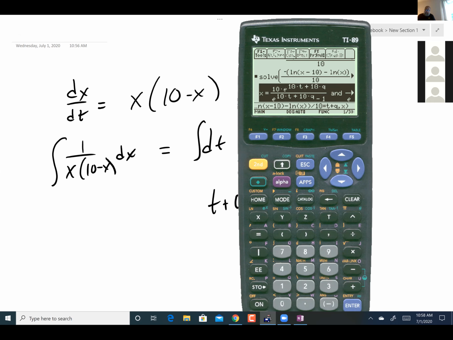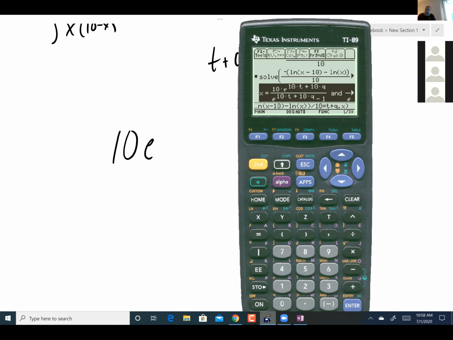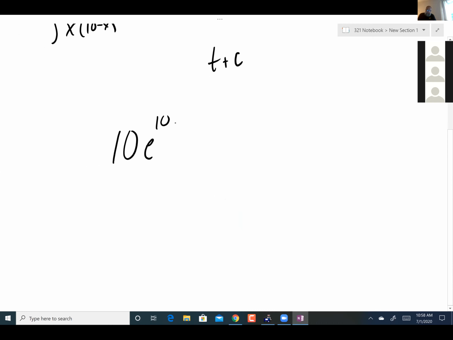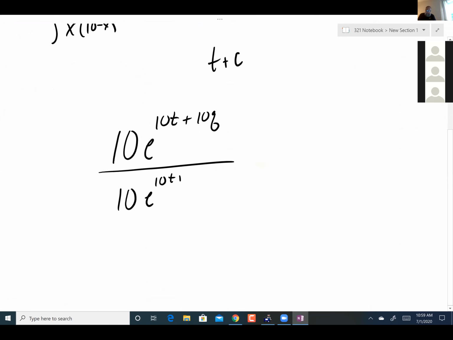So you've got 10 e to the, what did I say, 10t plus 10 cubed over e to the same thing minus 1. Oops, 10 cubed, sorry, my bad.